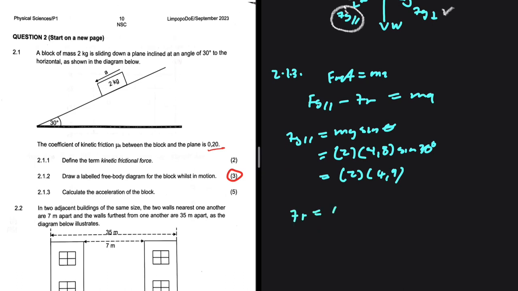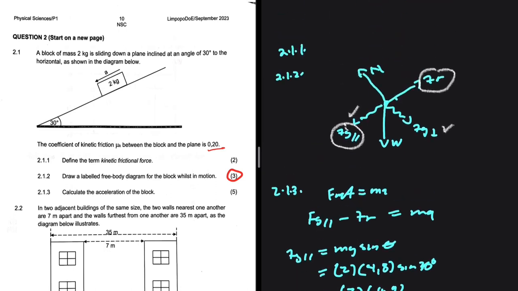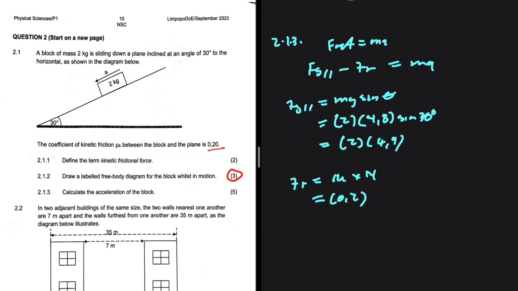Frictional force is equal to the coefficient multiplied by the normal force. The coefficient is 0.2. And then our normal force, if you look at our free body diagram, the normal force is being balanced out by FG perpendicular. So the normal force is equal to FG perpendicular in this instance, where FG perpendicular is mg cos theta.